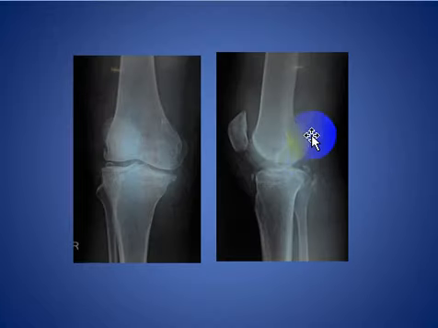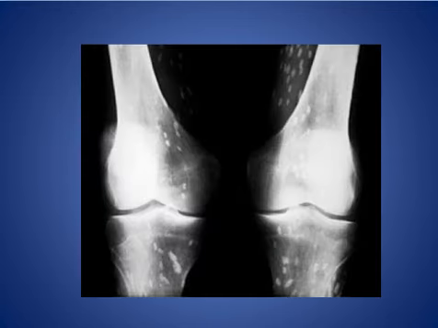Here, another patient with osteoarthritis, also with multiple loose bodies seen. Here we see AP view for both knee joints. We see calcification involving the muscles around the knee due to cysticercosis.